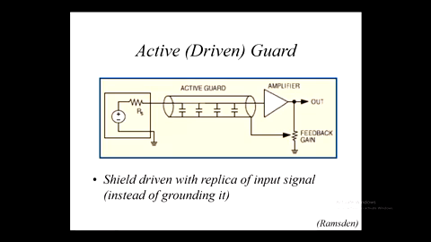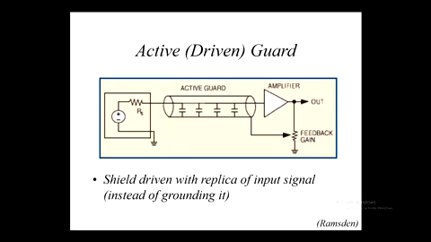And the idea behind that is that if you've got 2 points at the same voltage, then no current will flow between them, right? 2 points at the same voltage, same potential, there won't be a current flow, no matter what the impedance is between them.